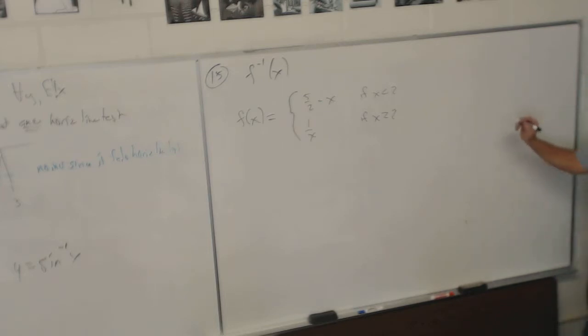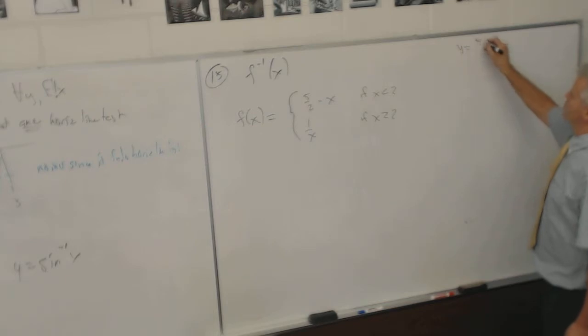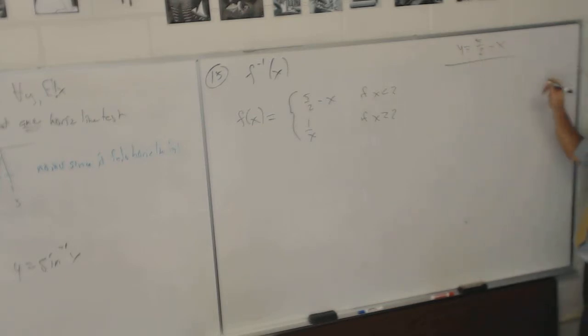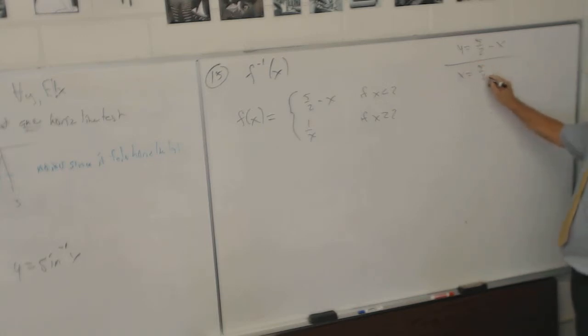I just want to remind you a little bit. If we had y equals 5 halves minus x, and I asked for the inverse, I would draw a line, swap the x's and y's, and solve for the new y. So y is 5 halves minus x. Very interesting.